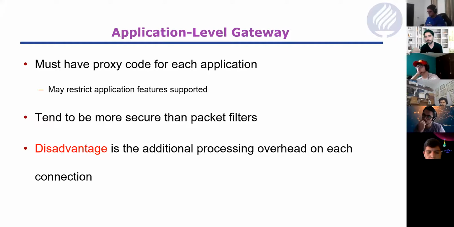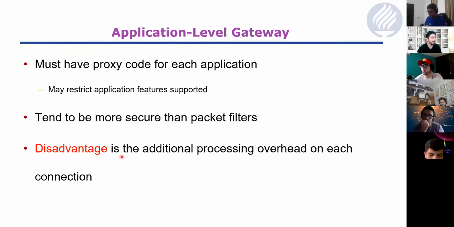It can limit the features it supports, not FTP, but secure FTP. It tends to be more secure than packet filtering because it can be more adjustable. It's more flexible also.